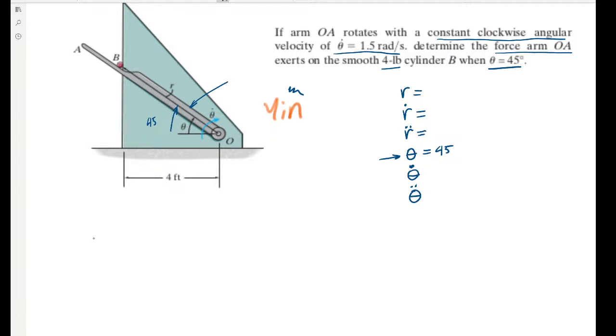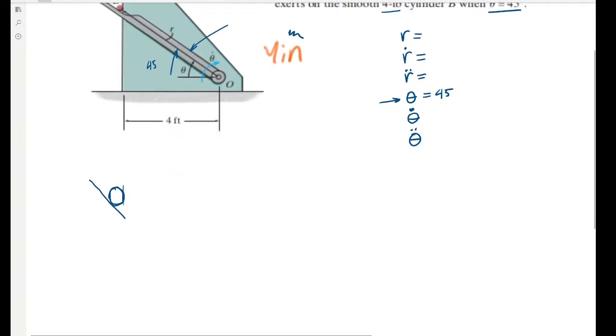Let me see if I can draw a free body diagram here of the thing. So there's B. This is B. And there's this wall right here. And so actually, as it's pushing on it, the wall is pushing this weight on it. The arm is this thing, and it's pushing this weight on it.